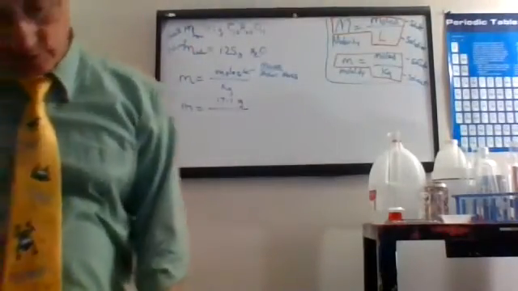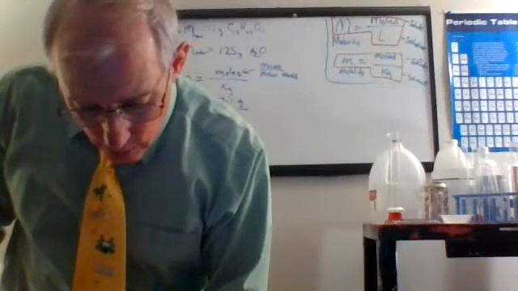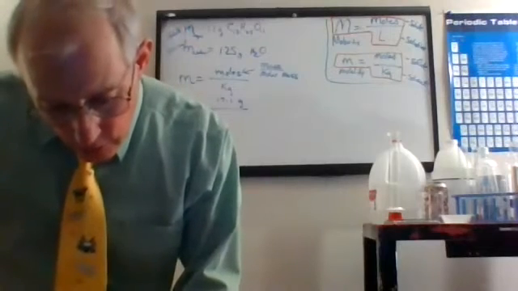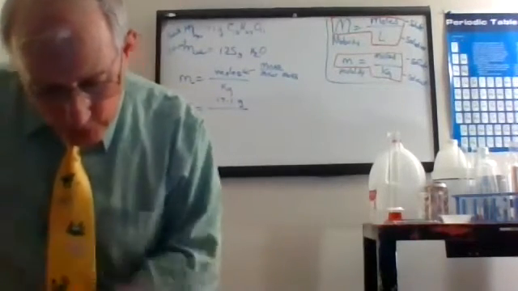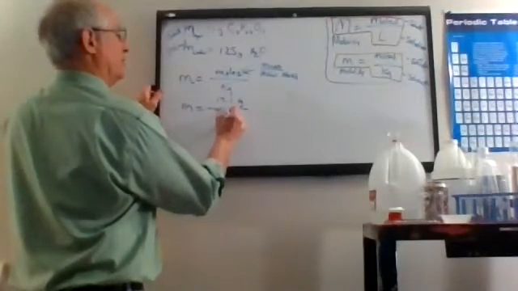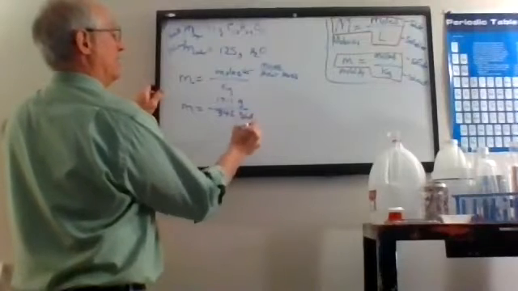Say molar mass. And I'm going to look down here and I'm going to find out. Right down here, it says it adds up to 342. Molar mass is 342 grams per mole. Okay.